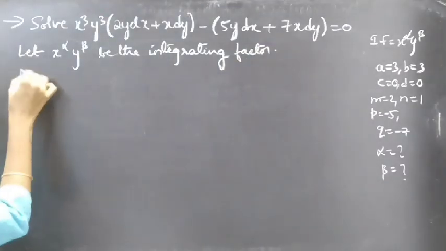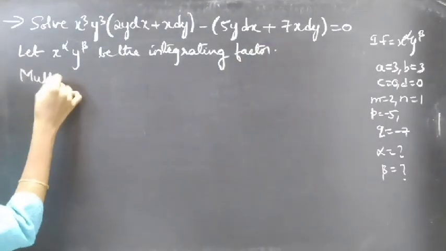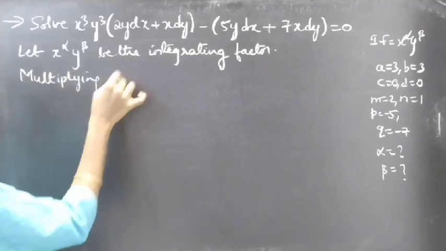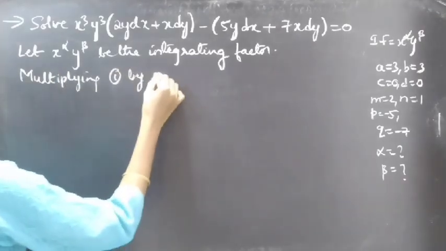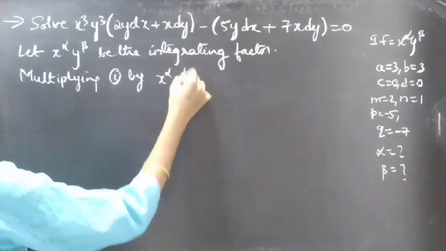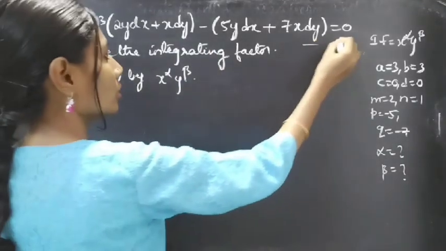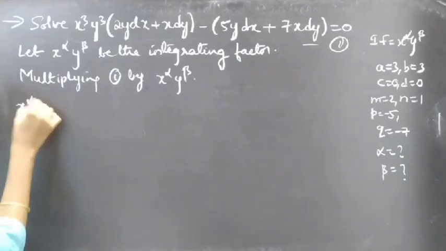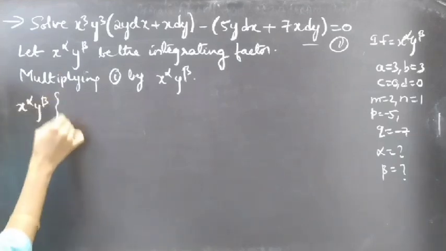Now multiplying equation 1 by the integrating factor x power alpha y power beta. Now let's multiply the given equation by the integrating factor.